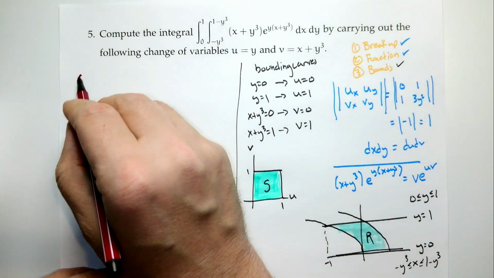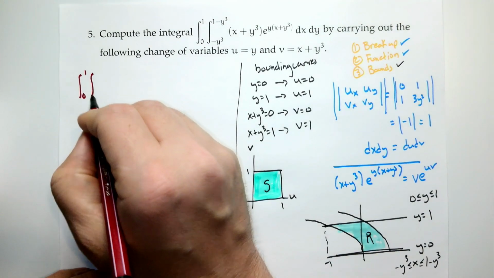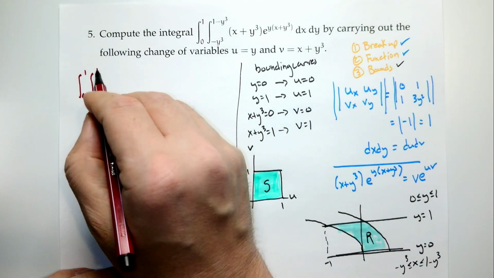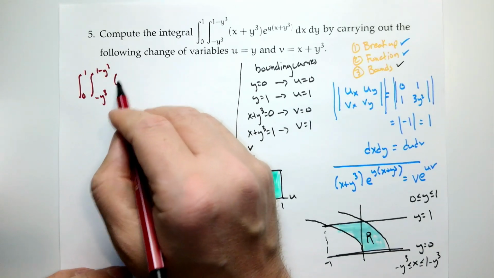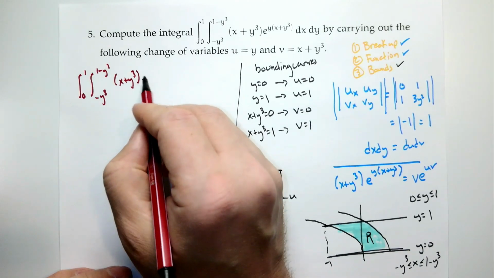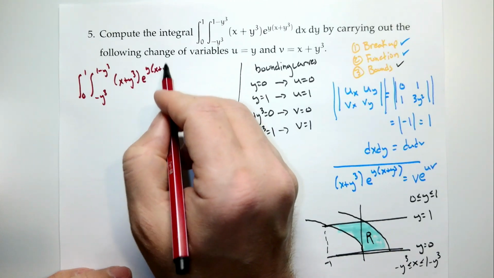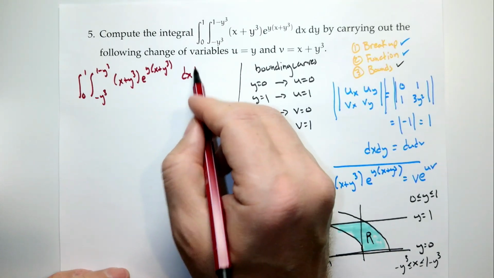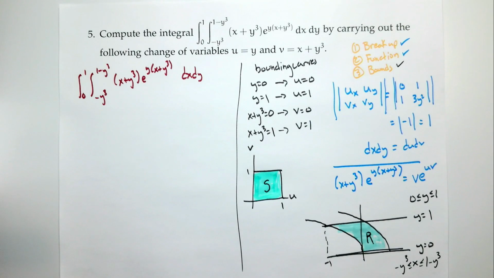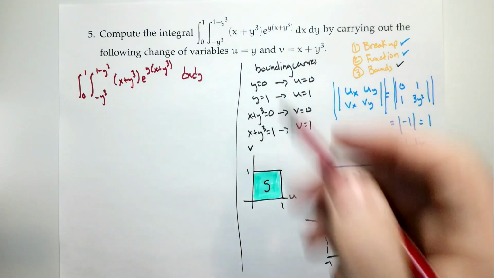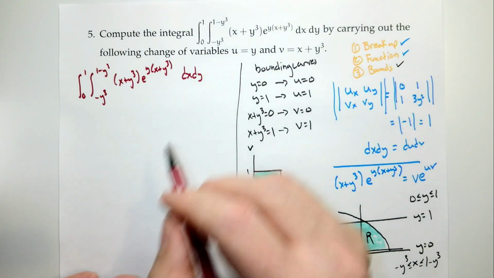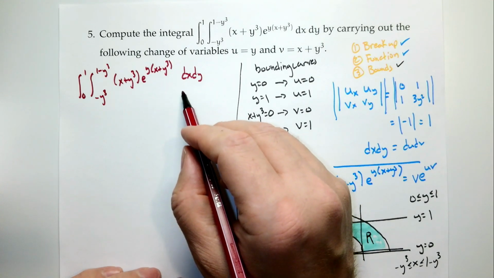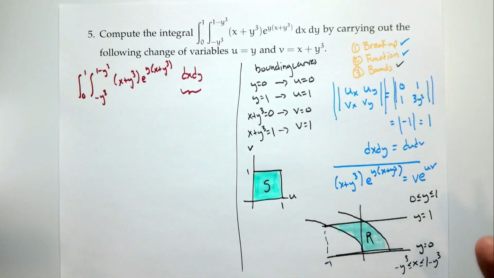We've got integral 0 to 1, integral minus y cubed to 1 minus y cubed, x plus y cubed, e to the y times x plus y cubed, dx dy. And that's coming from, I'm just copying this down. Now, we just think of our process here. Well, dx dy is du dv.